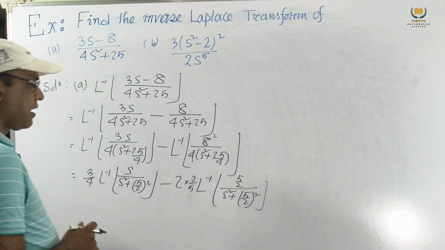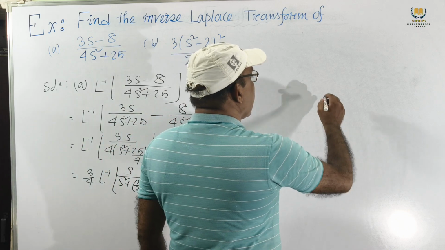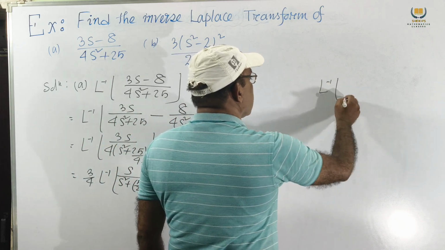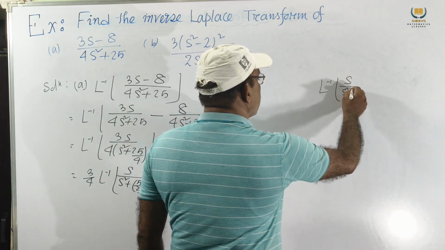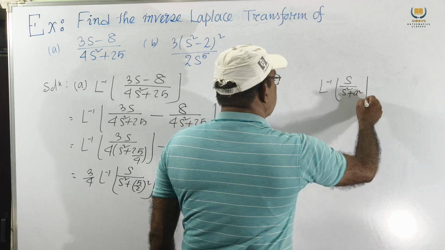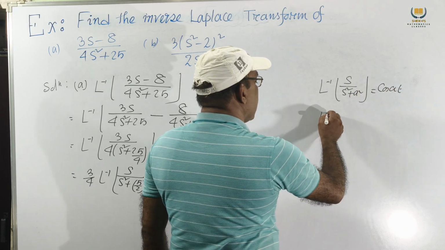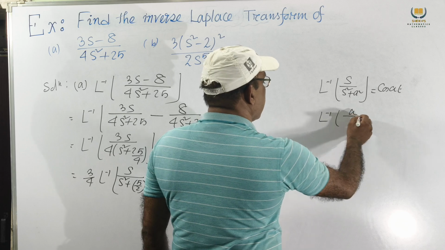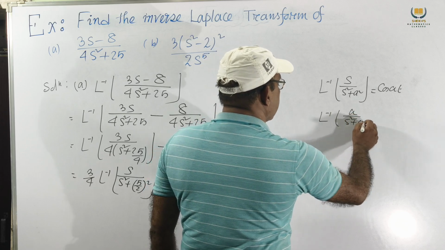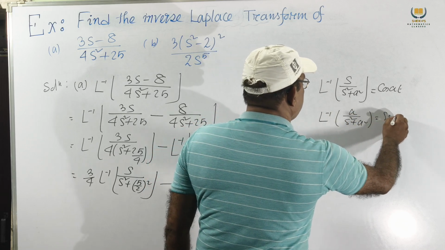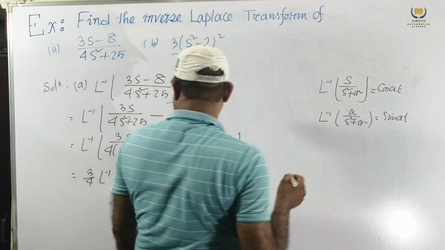Now I recall the formula: L inverse of s by s square plus a square is cos at, and L inverse of a by s square plus a square is sin at. We know this.